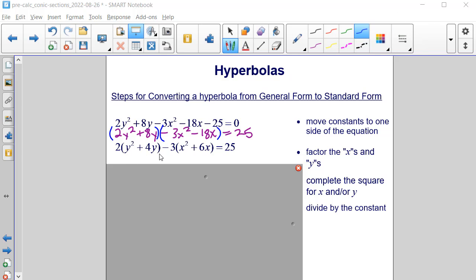The next step with finding the center point is to complete the square. So we still have our 2 here. We have our y squared plus 4y, but then we need plus a blank to fill in.